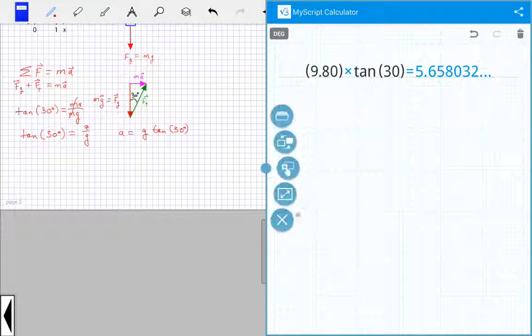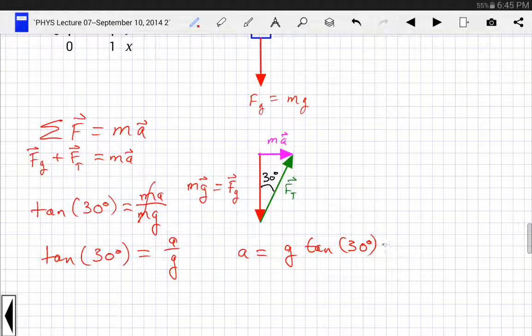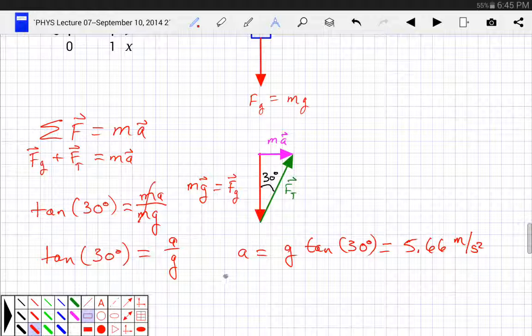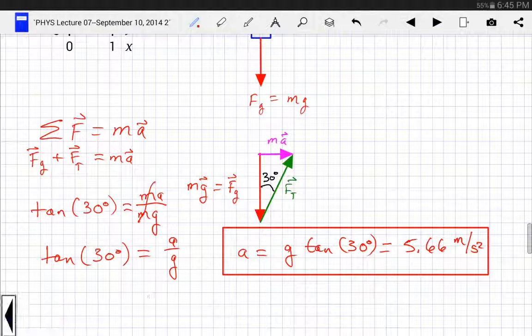Why not? So 5.66 meters per second squared. So I now have my answer. That's what the acceleration of this Bugatti Veyron must be if we are going to have the die hanging back at an angle of 30 degrees from the vertical.